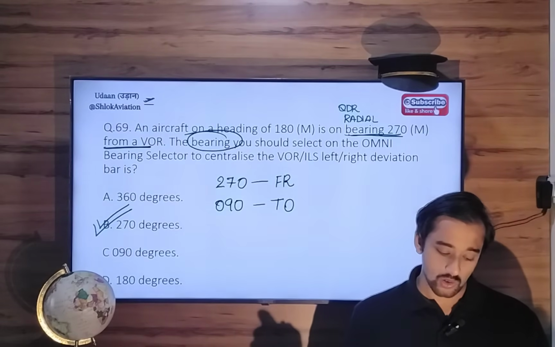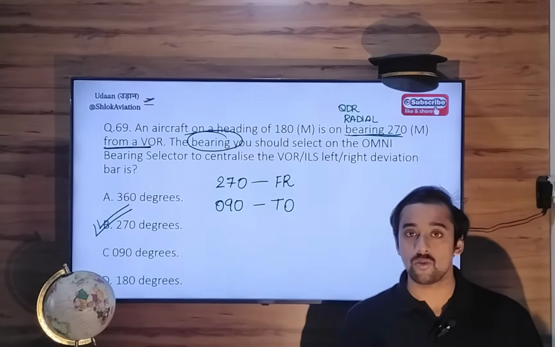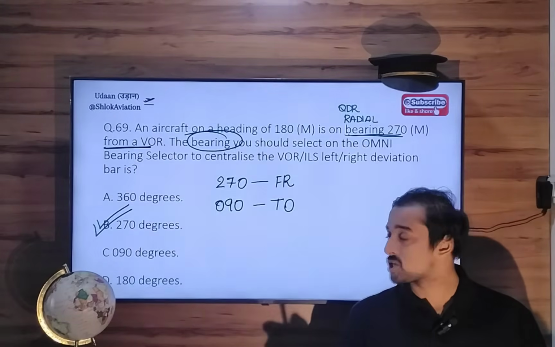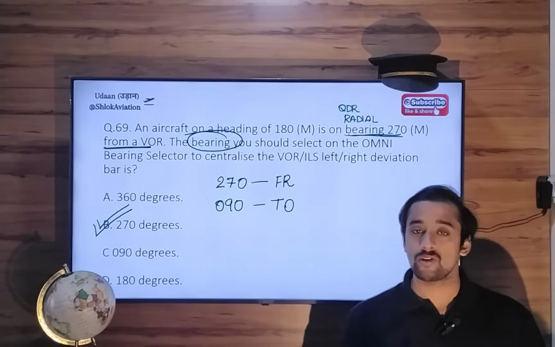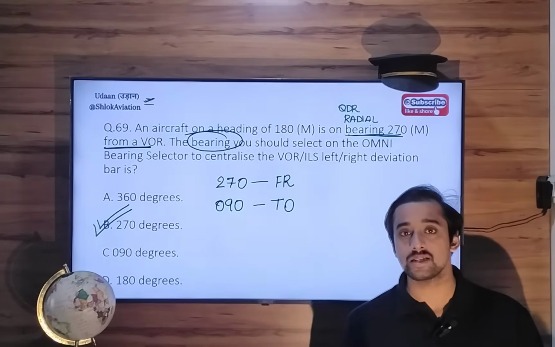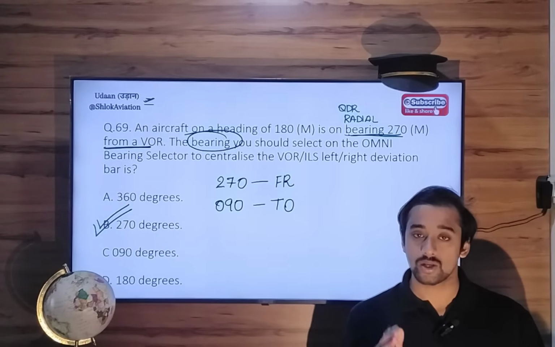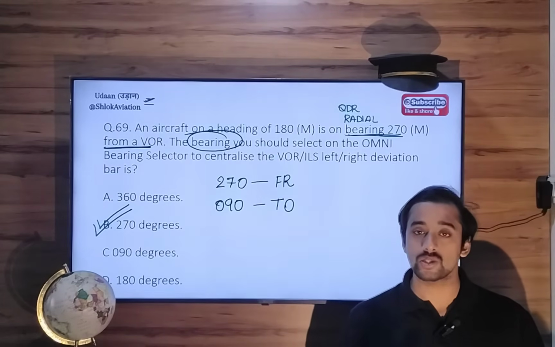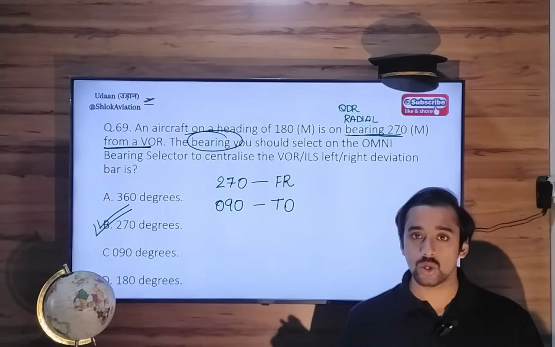You should select, so the bearing should be 270. In place of bearing, had they used the word course, the course to be selected, you would have selected option Charlie, 090. Because in case of such sums, radial or bearing is the word often used for tracks going outbound. When you are flying on a particular radial inbound towards the VOR, we use the word course, the course to be selected. So over here 270 should be the safe answer.